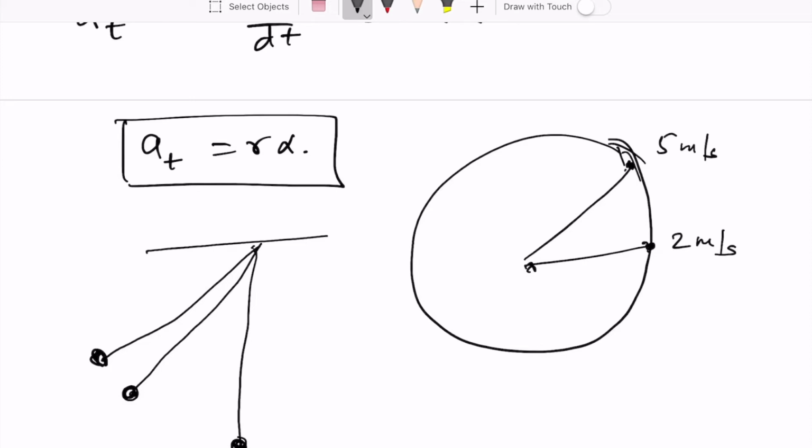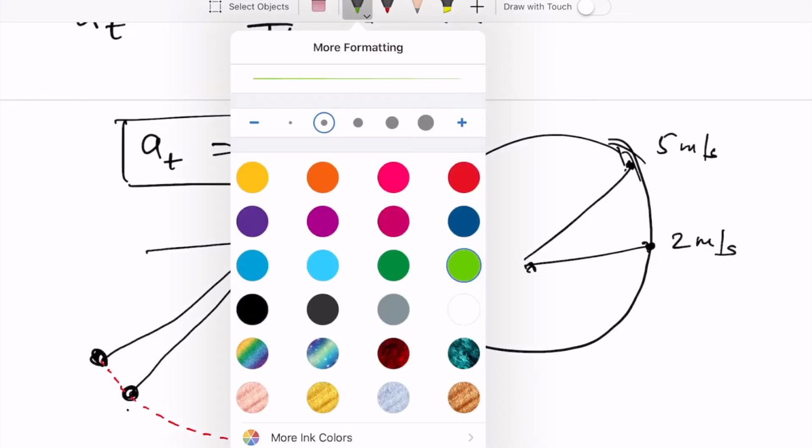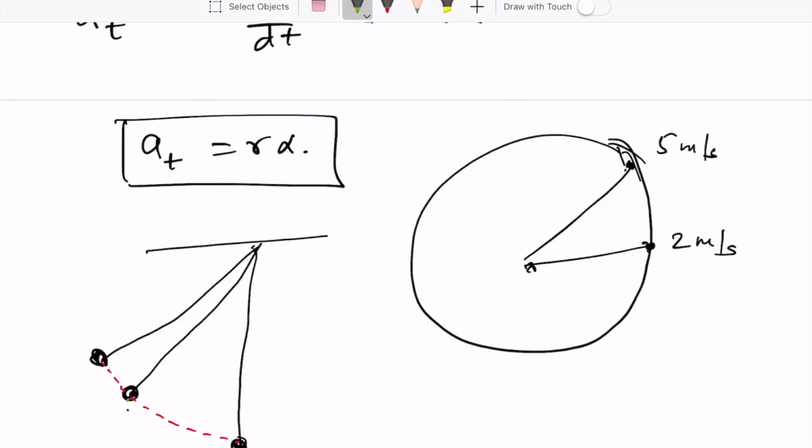Now let's see if we can figure out what is causing the tangential acceleration here. This is the circular arc. Let's draw all the forces that are acting on this pendulum. There is gravity acting down like this. I'll just use a different color for that. There is the tension force acting in this direction.